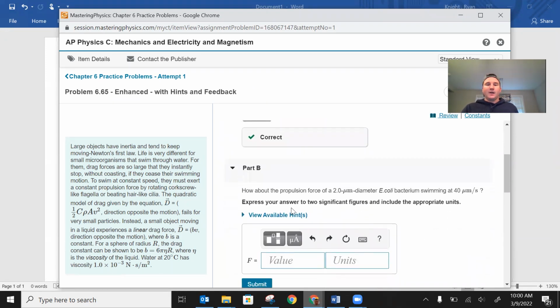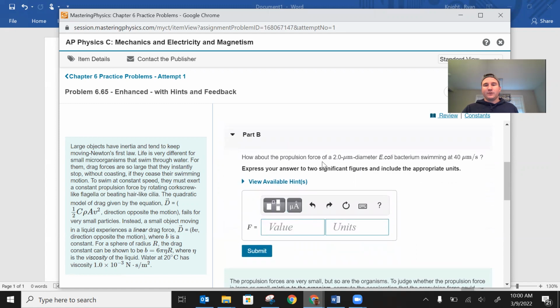So there we go. How about the propulsion force of a 2.0 micrometer E. coli bacterium swimming at 4 micrometers per second? We do the same thing here, right?